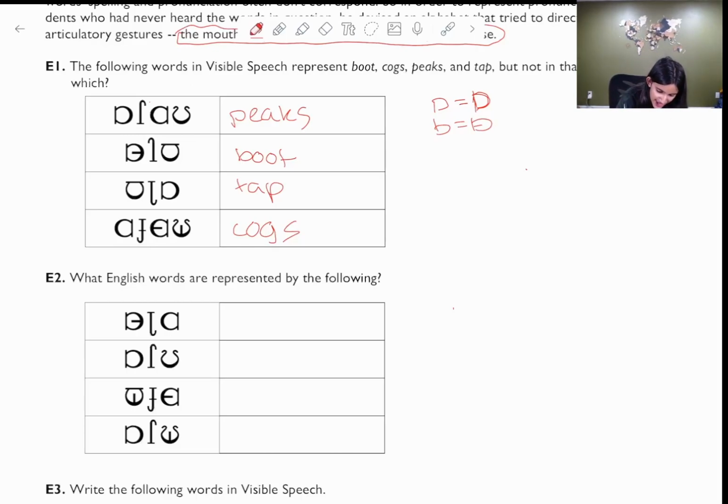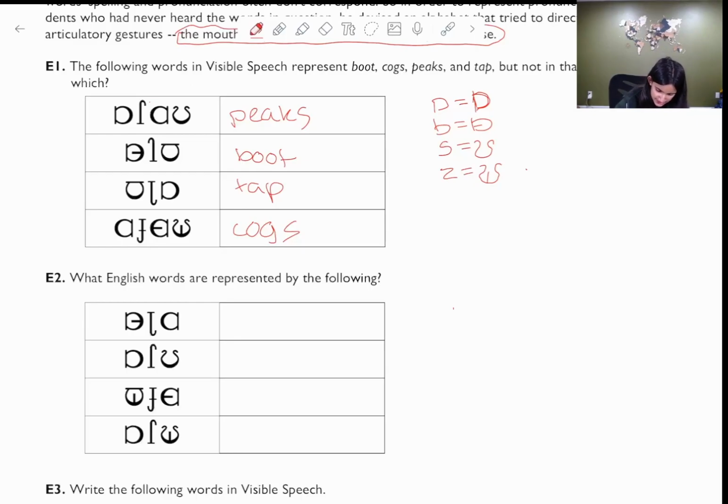And we have S, which is the voiceless version, is this. And we have Z, not the literal letter Z, but the sound Z, like cogs. We wouldn't say cogs with an S. We would say cogs with the sound Z at the end. So Z is this.